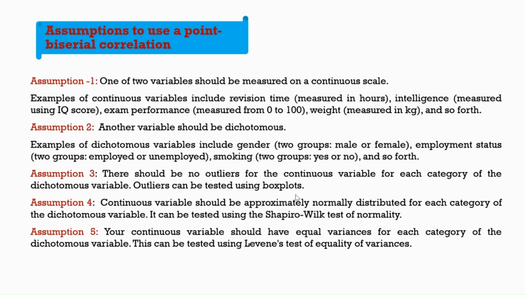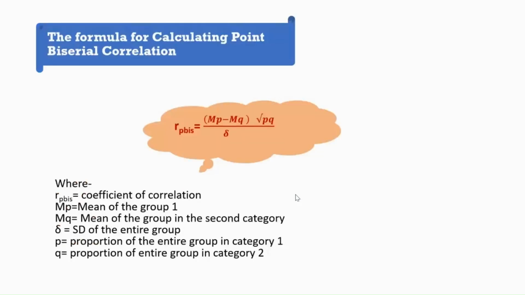The fifth assumption is that the continuous variable should have equal variance for each category of the dichotomous variable. It means if we divide the data into two parts according to the dichotomy, then the variance of the scores for the first group should be equal to the variance for the second group.